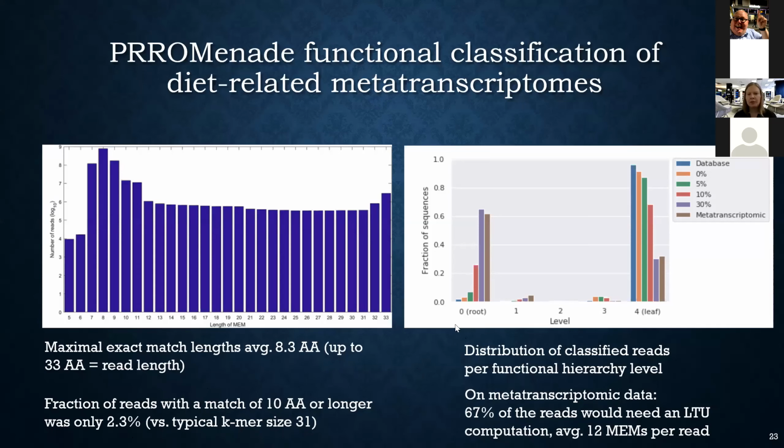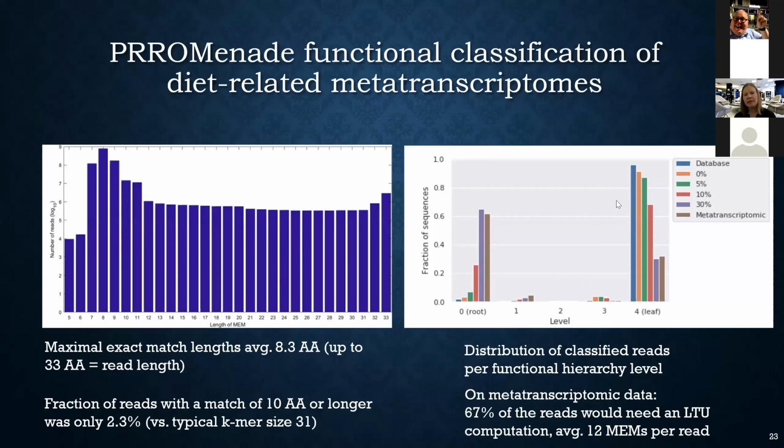And here's also a look at the different level assignments in the taxonomy. This is the percentage going to root versus levels 1, 2, 3, and then the leaf. In this data, a small fraction of reads actually mapped to the internal nodes of the hierarchy, but in some other data sets, we see more reads here.